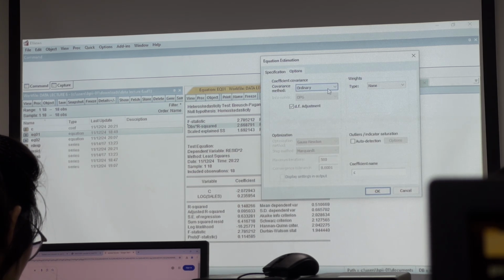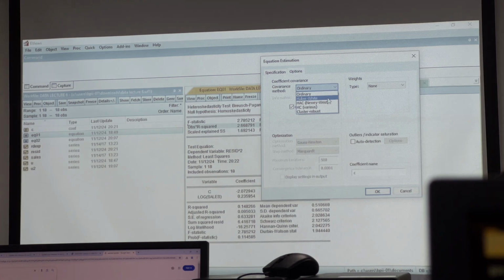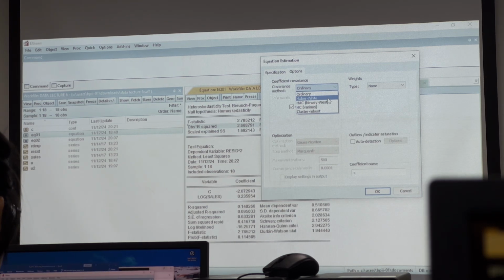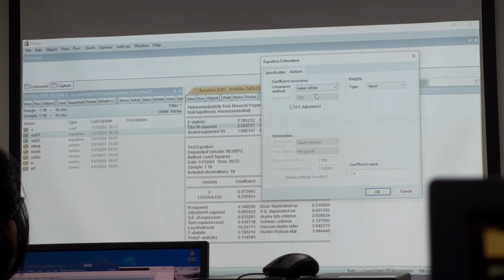Instead of ordinary, you select, I think, this one, Huber-White. It will produce an estimate of standard errors that is less affected, or unaffected, by the presence of the heteroscedasticity problem. Okay, like this, then okay.